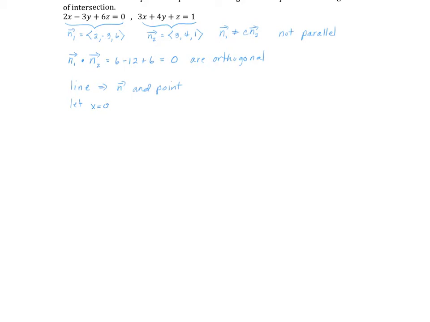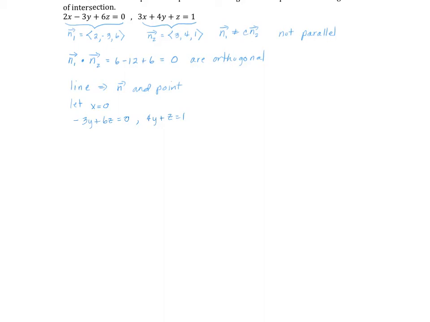If x is 0 in these 2 equations, it gives me these 2 equations. One would be 3y plus 6z equal to 0, and the other would be 4y plus z equal to 1. So now I have 2 equations, 2 variables. Algebraically, I can solve that.